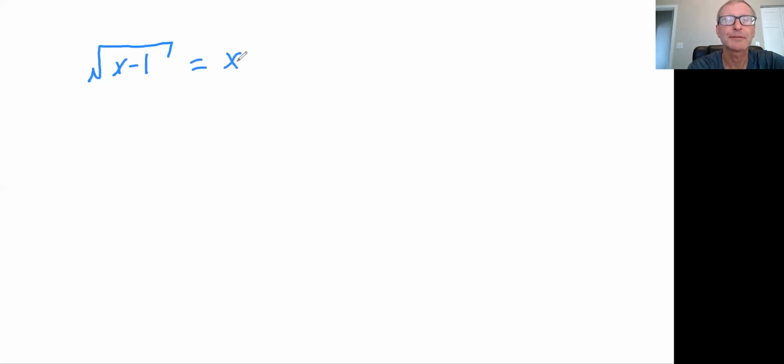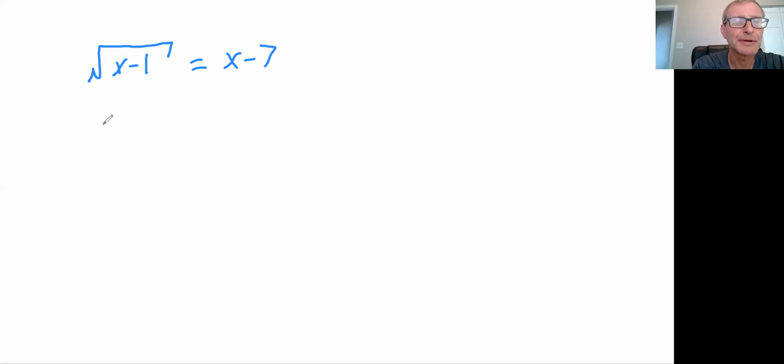equals x minus 7. So the strategy always is, when you have these radicals, you want the radical on one side of the equation all by itself, and all the other variables on the other side.